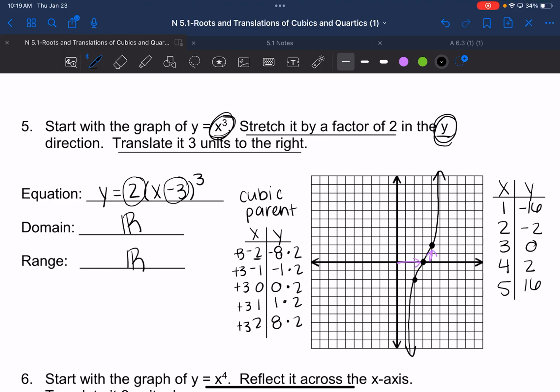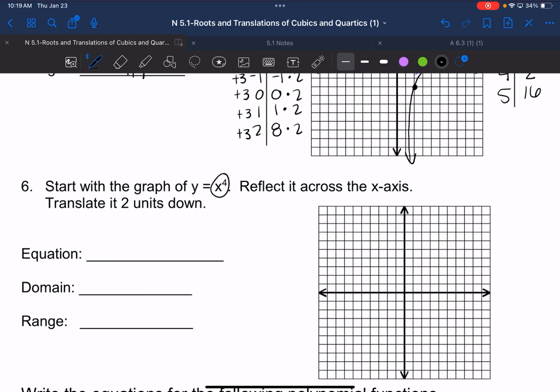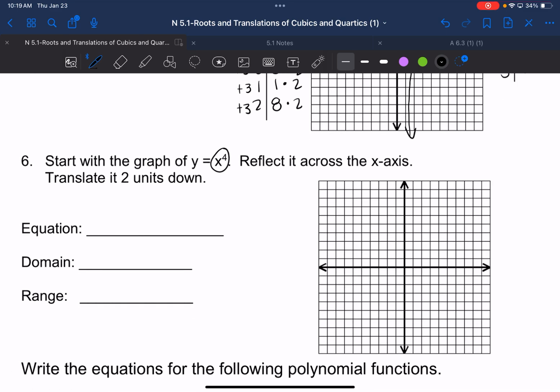All right. Let's do another transformation, but this one says it's for the function x to the 4th, so our quartic. Okay, it says this one is reflected over the x-axis. What do I put in an equation to show it's reflected over the x-axis? A negative. So I'm going to put a negative out here in front of my equation.